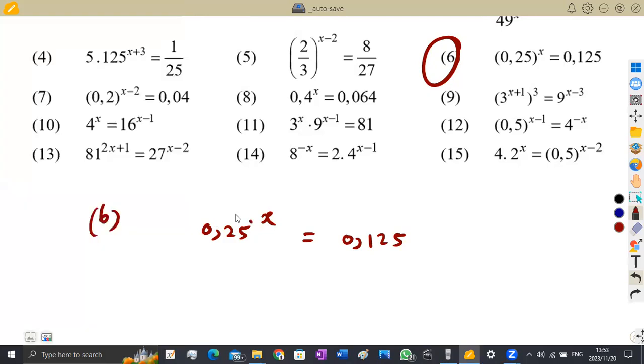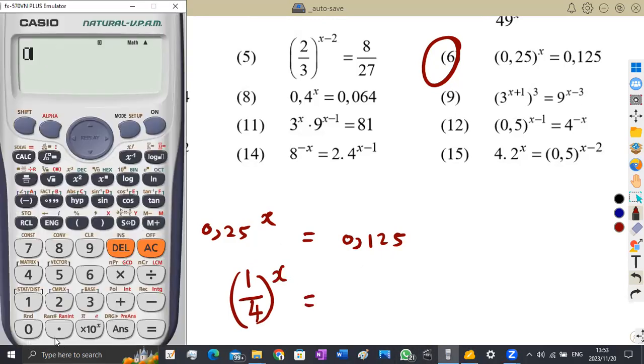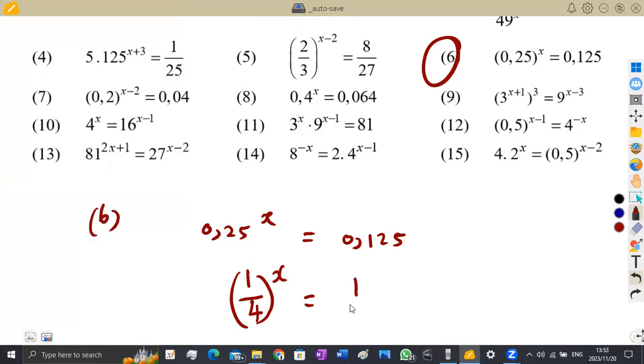So this decimal that we see here is the same as 1 over 4, everything raised to the exponent of x, which is equal to, you do the same on the other one, 0.125, which is 1 over 8. So this is 1 over 8 like this. If we check, we are back again to the same situation of a fraction.